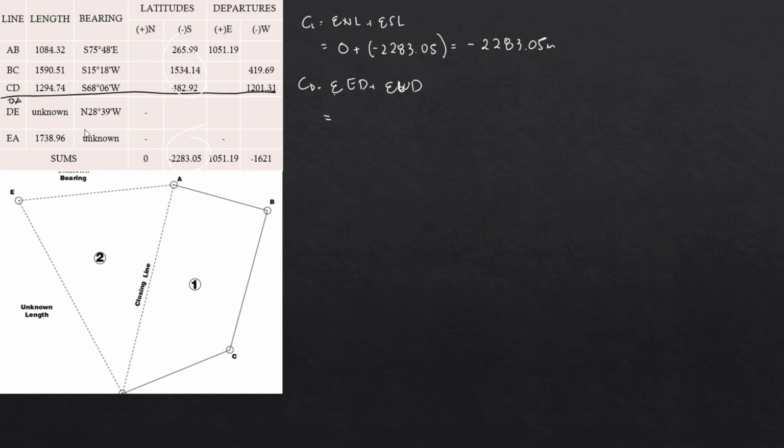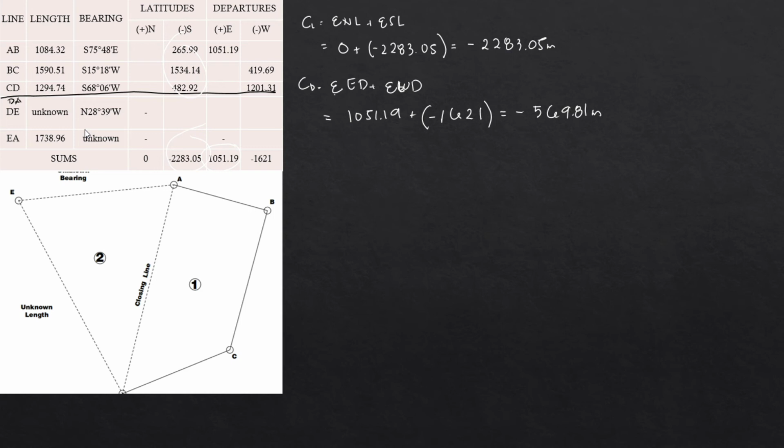Then, E, ito. So, meron tayong 1,051.19 plus negative 1,621. So, is equal to negative 569.81 meters. So, nakuha na natin yan.